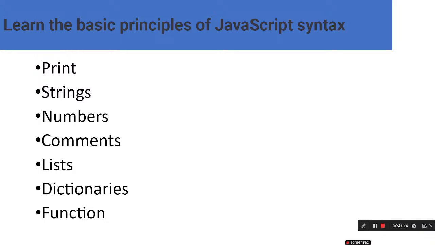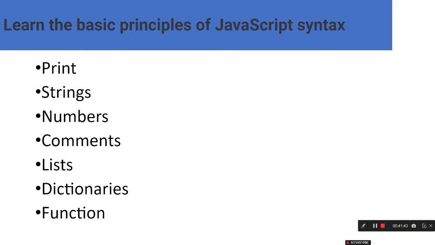Syntax: for example, print is the same syntax in Python and JavaScript, but C++ has a different syntax. So when you learn the syntax, you can get an overall idea of all of these programming languages, because they all have common things or methods: print, string, number, data type, list, dictionary, function.